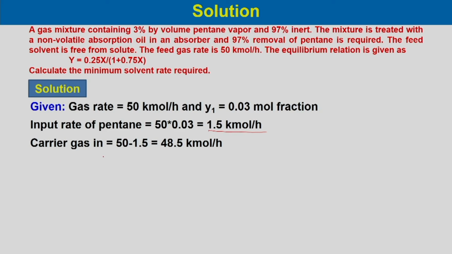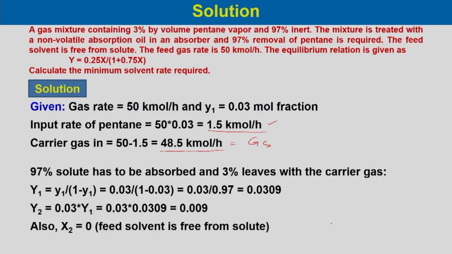So, carrier gas would be total 50 minus 1.5, so 48.5 kilomole per hour. So, that is the Gs. So, this is Gs and this is the pentane flow rate.